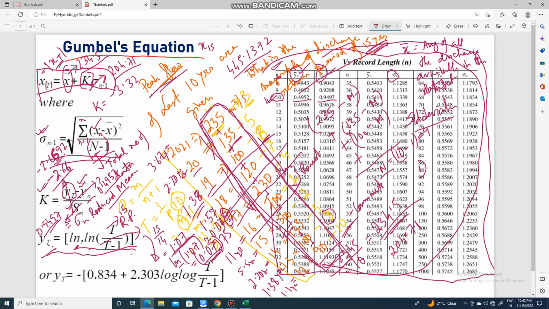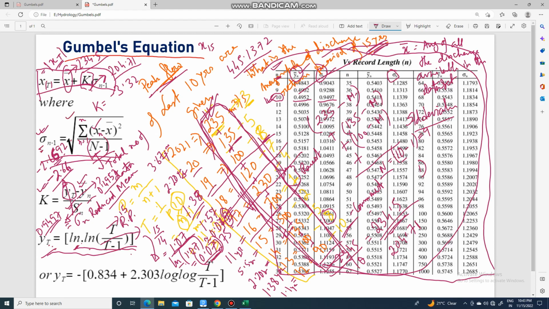You have to calculate the mean of the variate. That means you have been given 10 data values. You have to find the mean of this data, which you found out as 234.5. Then you have to find out the standard deviation of the same data with the help of this formula, sigma n minus 1.